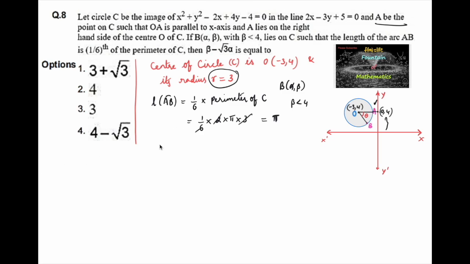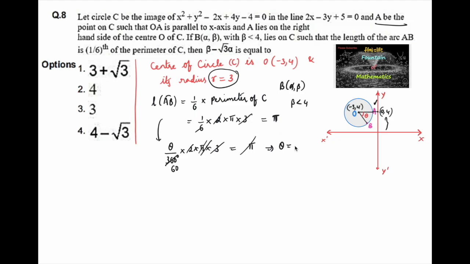And also we know that the length of the arc, when theta is an angle, is theta by 360 degrees into 2 pi r, and the length is given as pi. So here r is 3 units. So here 2 3s are 6, 60 times, and pi gets cancelled.